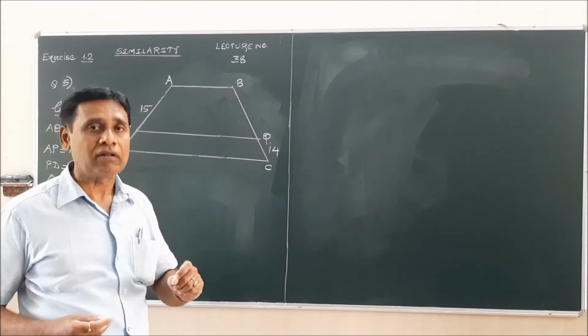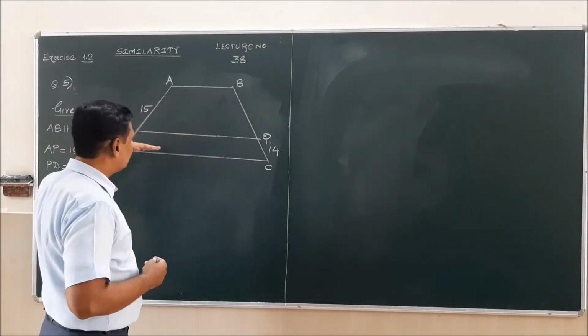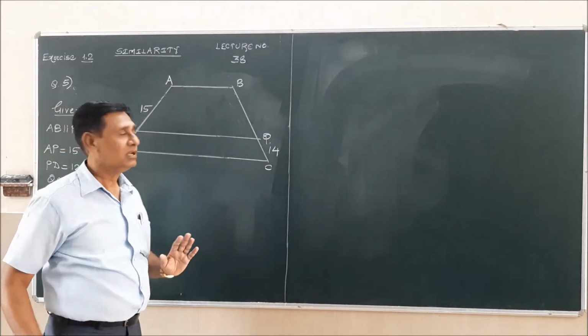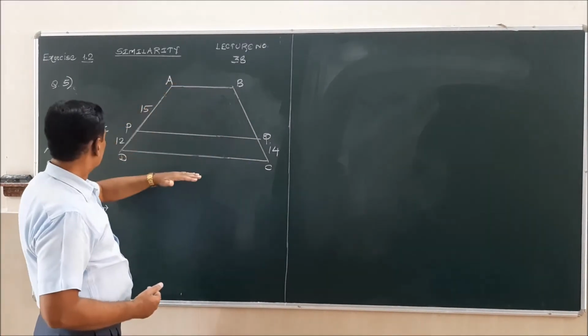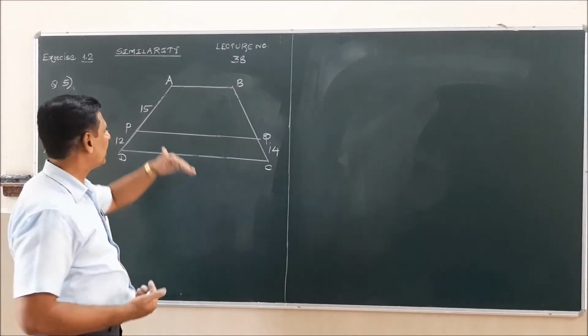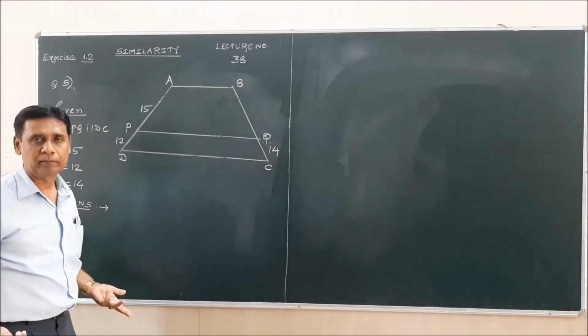The theorem which is called the intercepts made by three parallel lines on two transversals. Very important: AB and DC are already parallel, as well as PQ is also given parallel. So that is why AB, PQ and DC, all three of them become parallel.